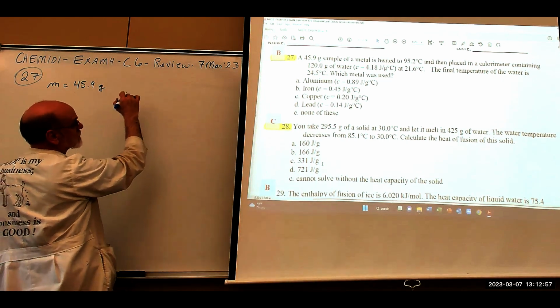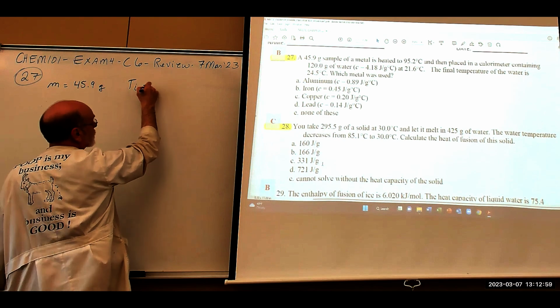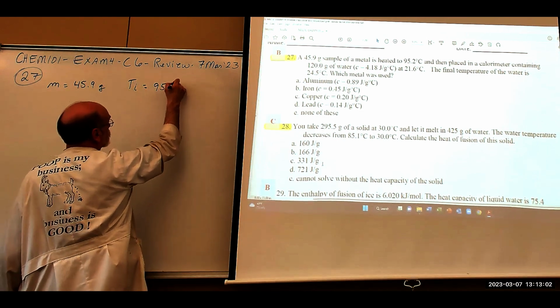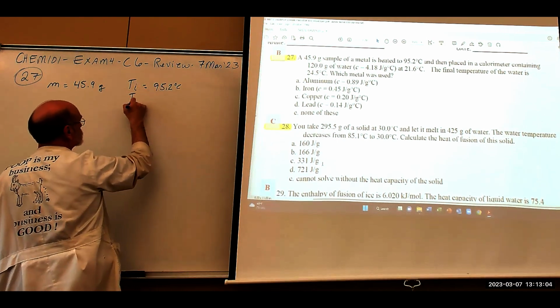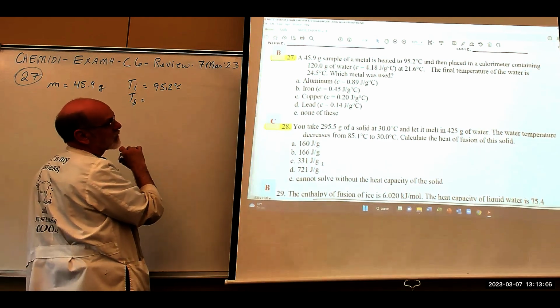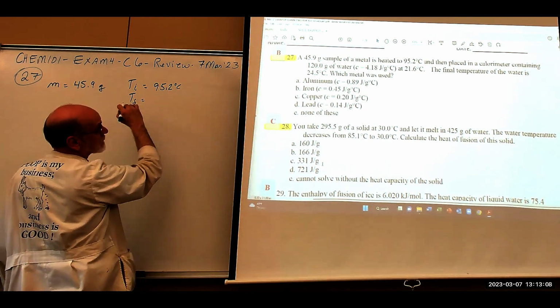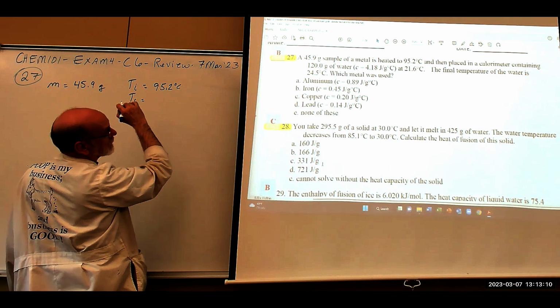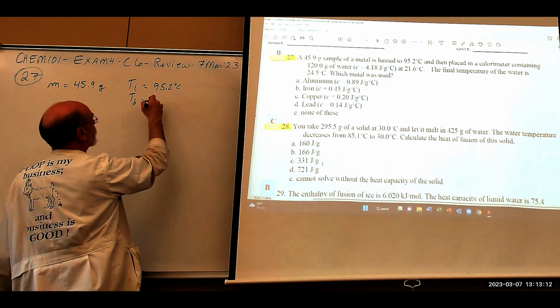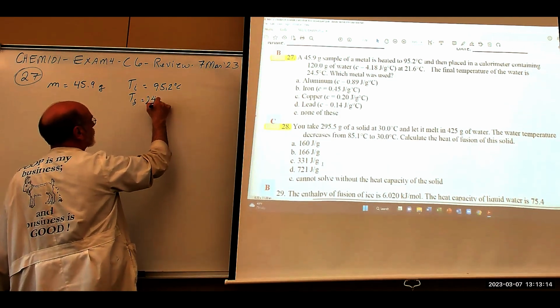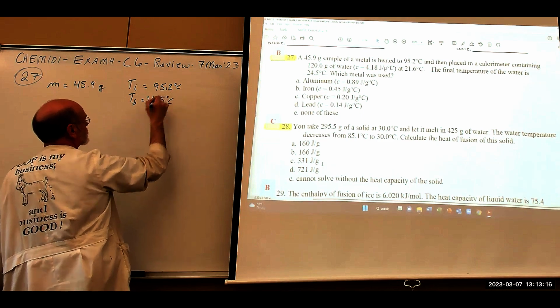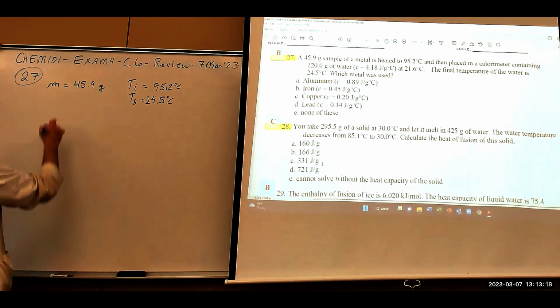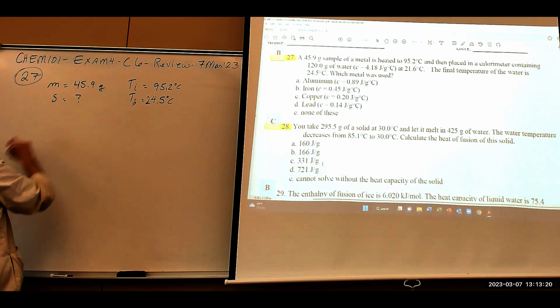Initial temperature is 95.2 degrees C. Final temperature is the temperature of the water at equilibrium. It's 21.6, right? No, 24.5. That's the final temperature. And we don't know what this is.